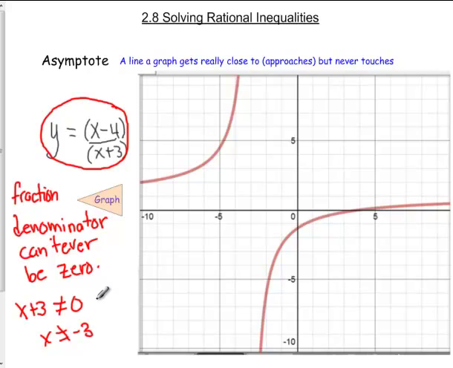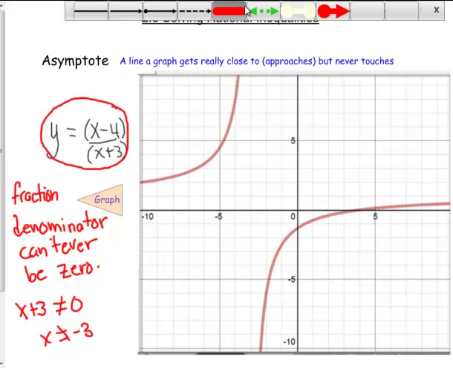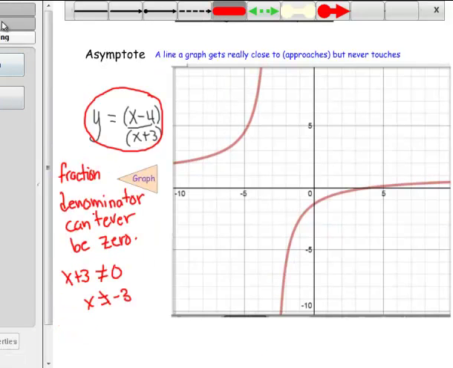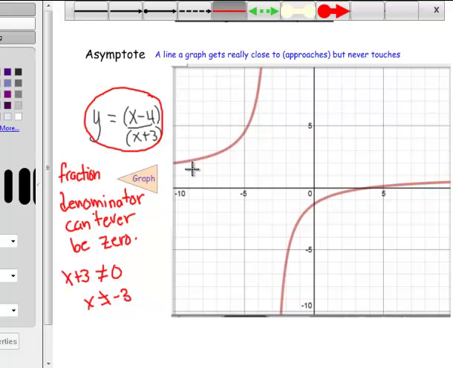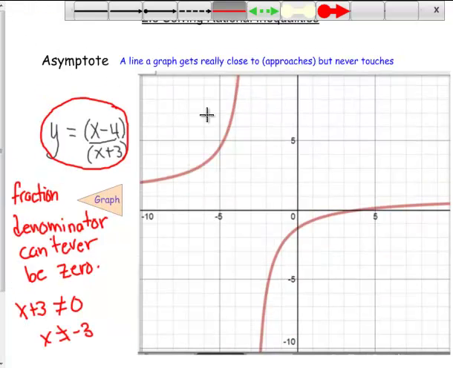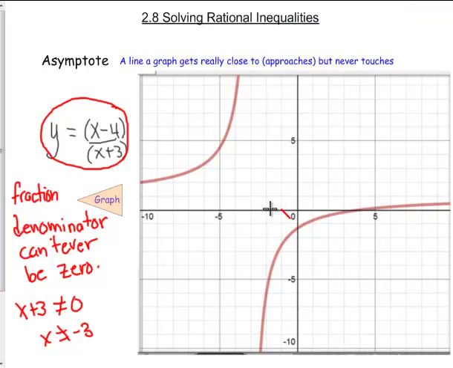Now, I want you to look over here at this graph. I'm going to take this line right here, and make that just a little thinner. And I'm going to go to where the x value is negative 3. 1, 2, right here. This is where the x value is negative 3. And this is the line x equals negative 3.